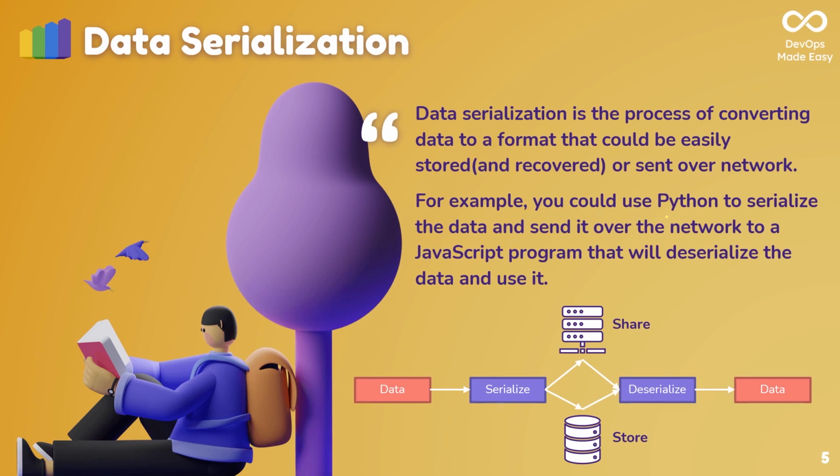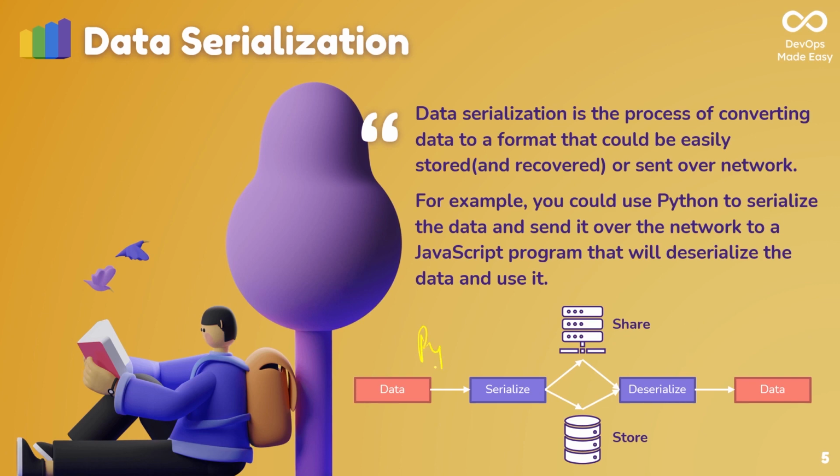For example, you could use Python to serialize the data and send it over the network, and on the other side, a JavaScript program can read that serialized data and deserialize it. So the whole process is the reverse of the first process. Initially the serialization process takes place, and at the other end the deserialization process takes place. Once you serialize the data, you can either store it or share it over the network so that the other side can read it.